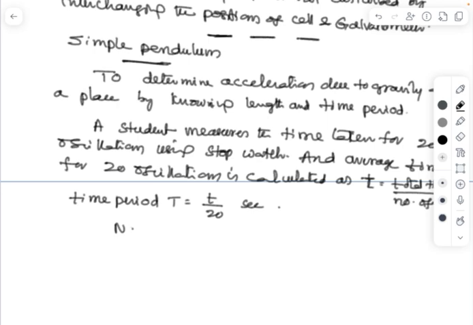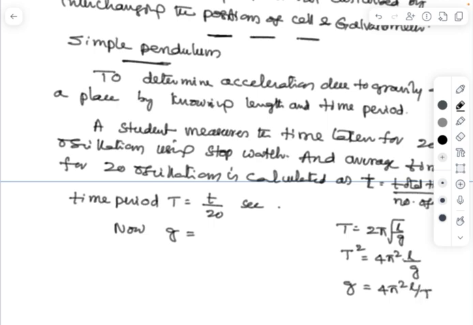Now g: my time period T equals 2 pi under root L by g. On squaring both sides, T square equals 4 pi square L by g, and g equals 4 pi square into L by T square.